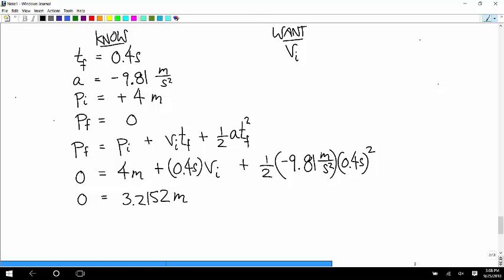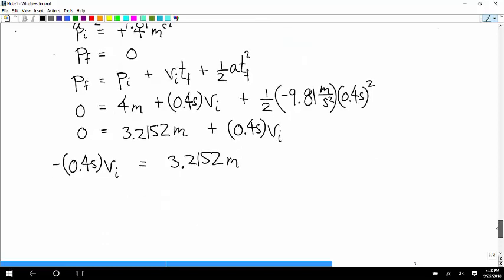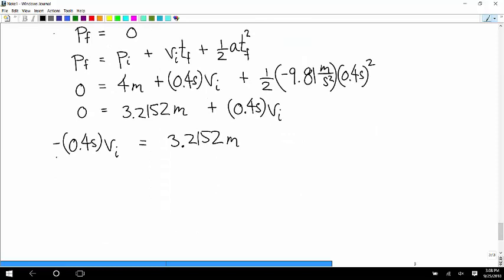That's combining the first and third terms. Plus 0.4 seconds times V initial. So if you move the second term over to the left side, you get 0.4 seconds negative times V initial is equal to 3.2152 meters. And now divide both sides by negative 0.4 seconds.